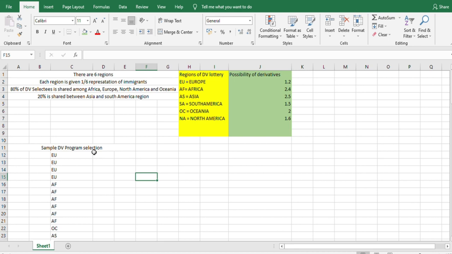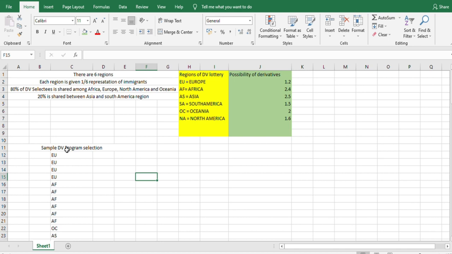Normally, between the month of October and first week of November, applicants submit their entries for the DV lottery application, and they do that in their numbers, up to millions of people.